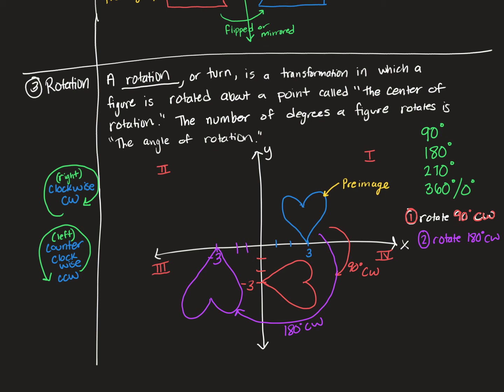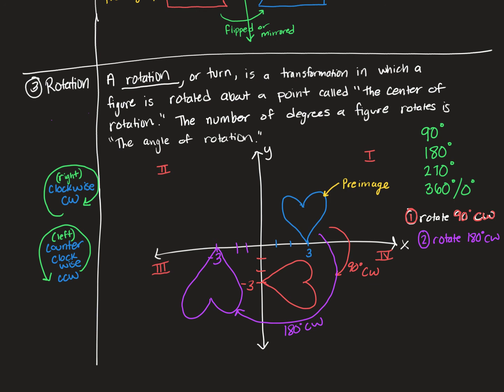Okay. Now the last rotation is a 270 degree rotation. I'm going to draw that in orange. Yeah, orange is good. Okay. So let's say I'm going to rotate.